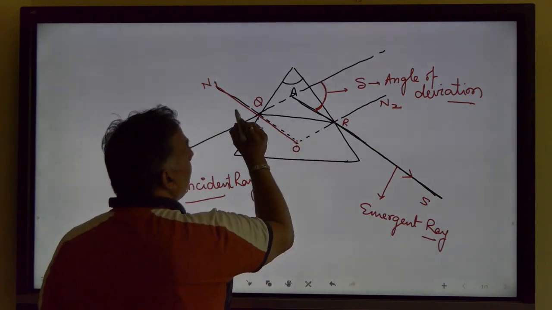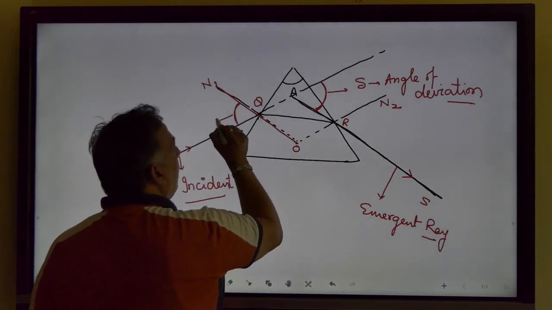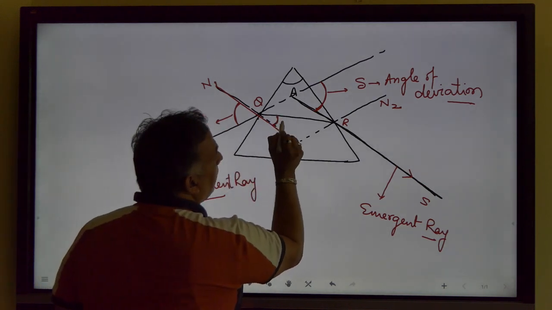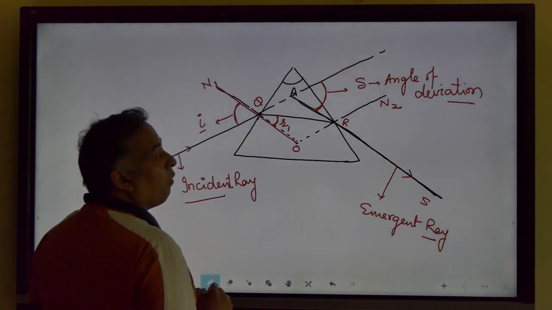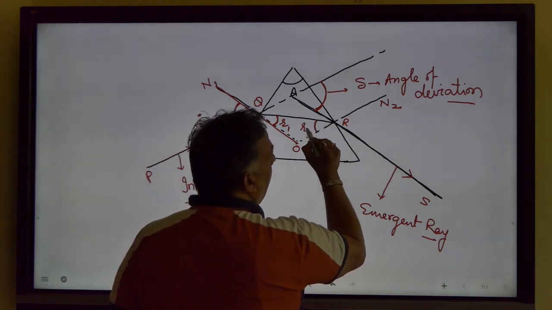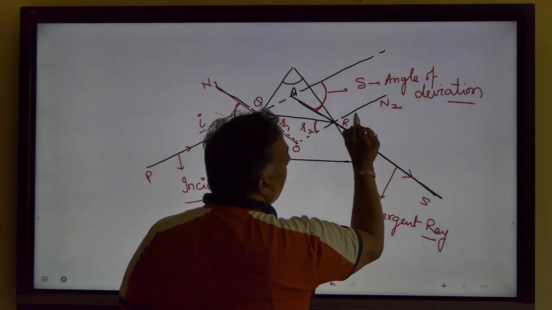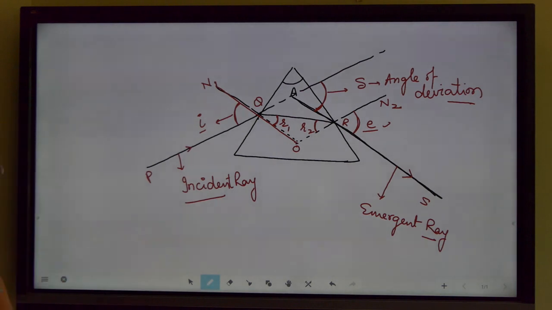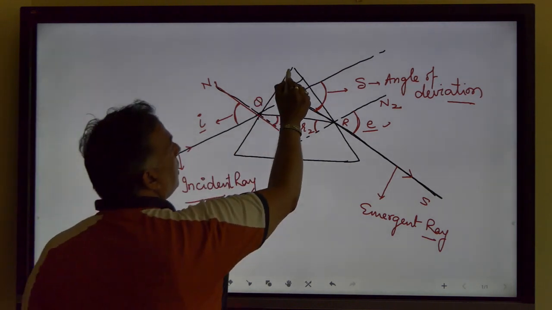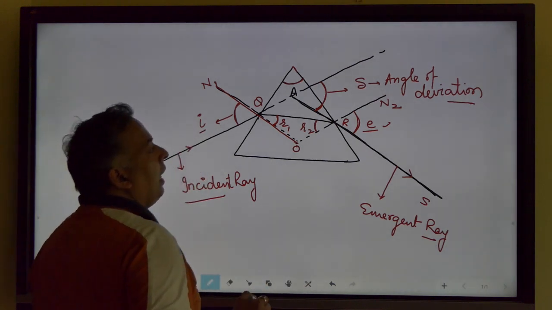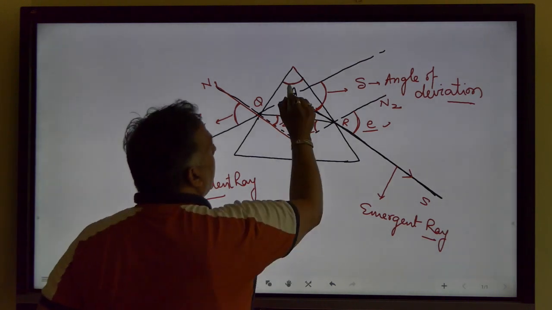Here, this angle is called the incidence angle, and this angle is the refracted angle R1. And this is another angle R2, and this angle is the emergent angle. And the upper top angle is the angle of prism.